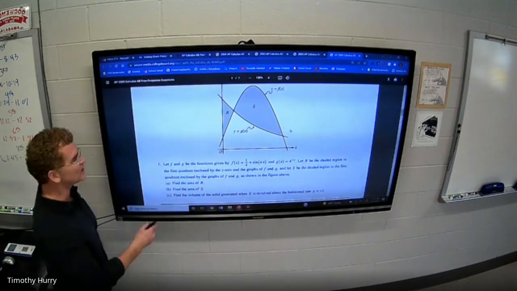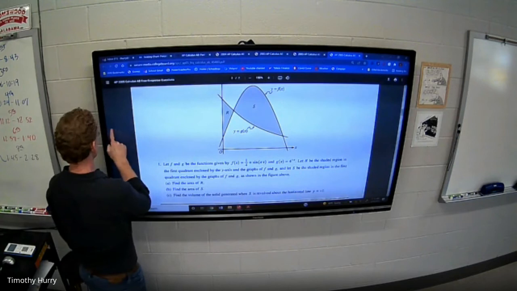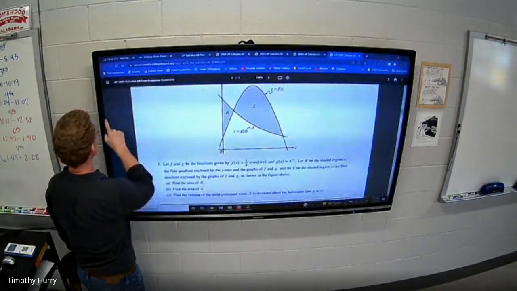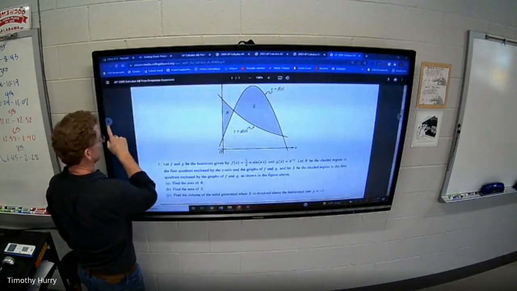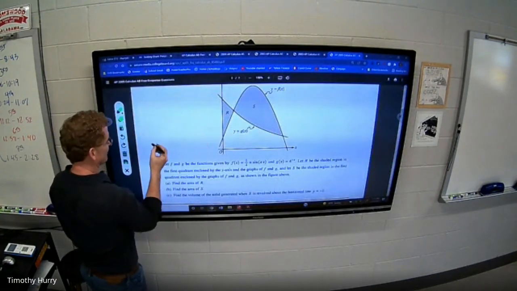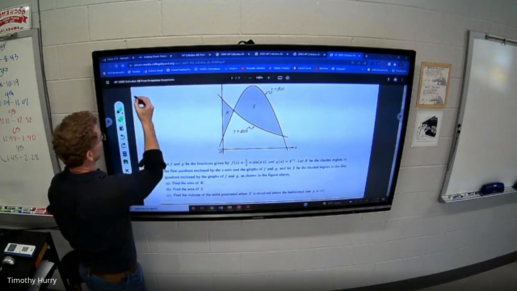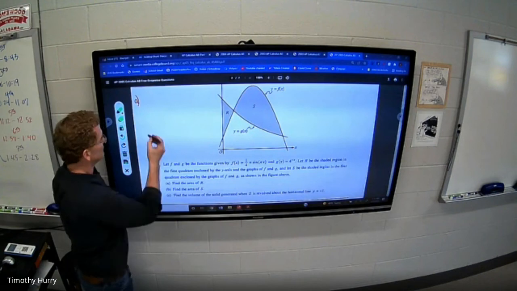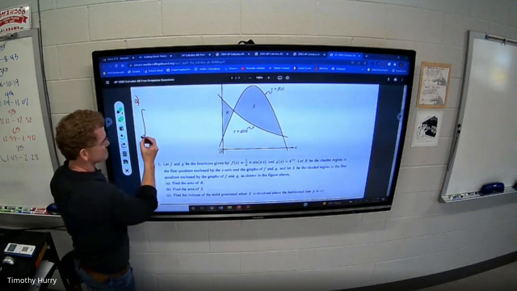So somebody tell me, what would I write right here? What would I write for the area of R? This would be problem A. The integral from what to what? 0.